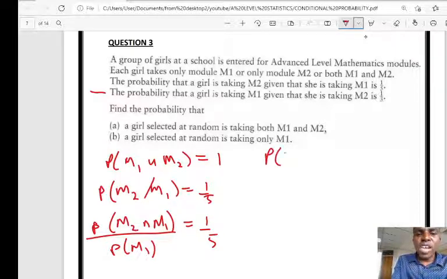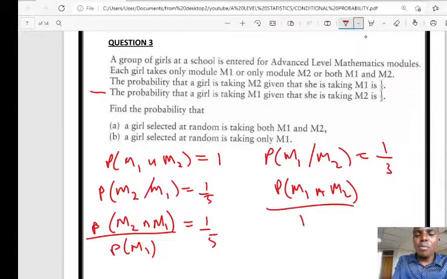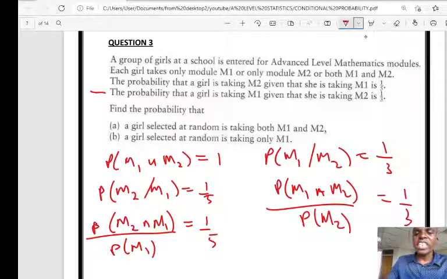So the probability of M1 given M2 equals 1/3, which means the probability of M1 intersection M2 over the probability of M2 is 1/3.